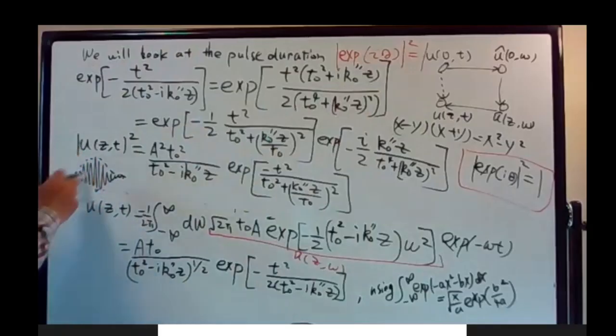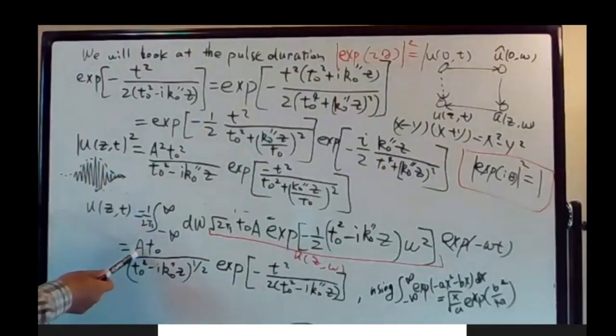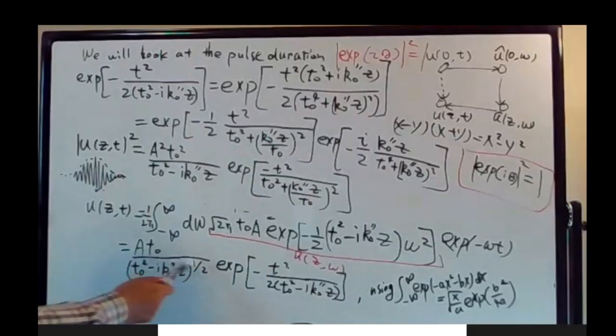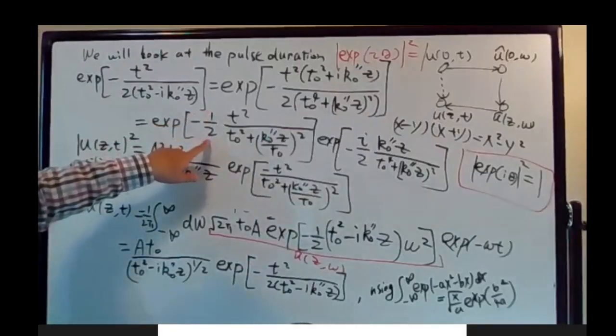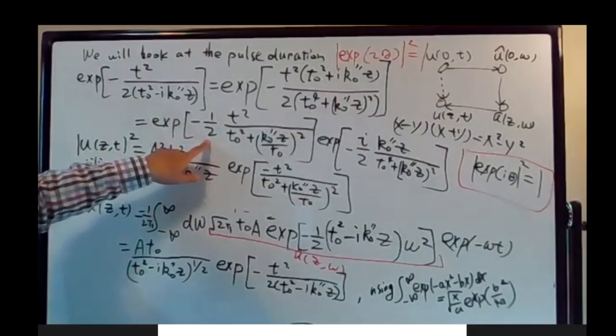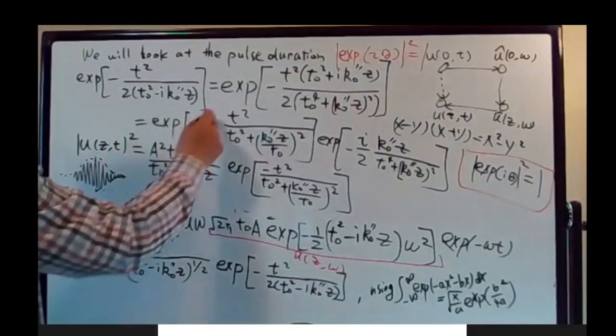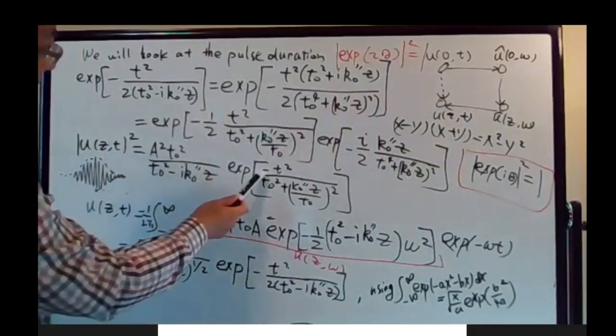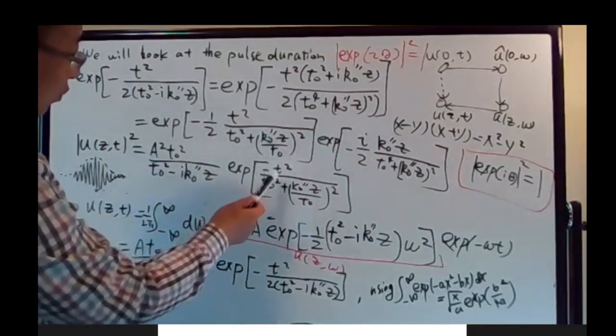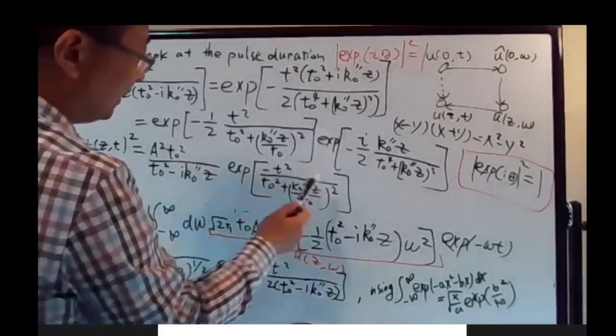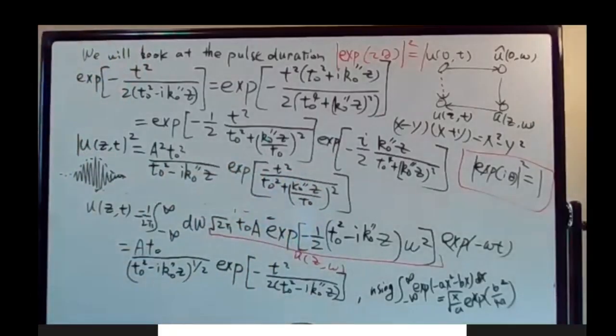Now we only look at the envelope. This is the result. We take A squared, T₀ squared, this bunch of stuff. We remove the square root and take the absolute value squared, so the 1/2 is removed and cancels out. We only have negative t squared over T₀ squared plus k₀'' z over T₀ squared.